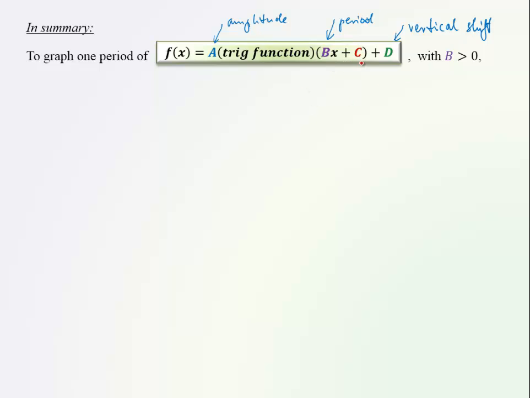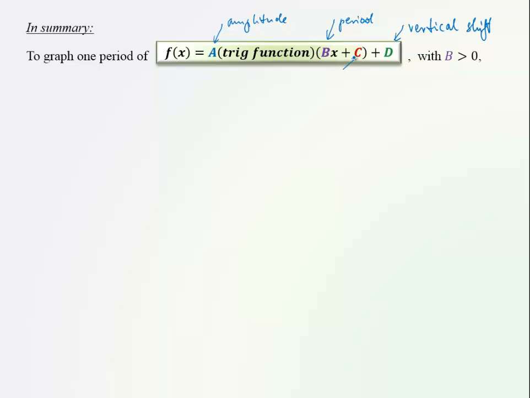And also we've been talking about horizontal shift, but in this case, if the function is written in the form as you see here, then we actually don't see the x plus or minus some constant. Then we actually can't tell how much the x is shifted because there is some b in front of it. We would have to change this form in order to see the horizontal shift.